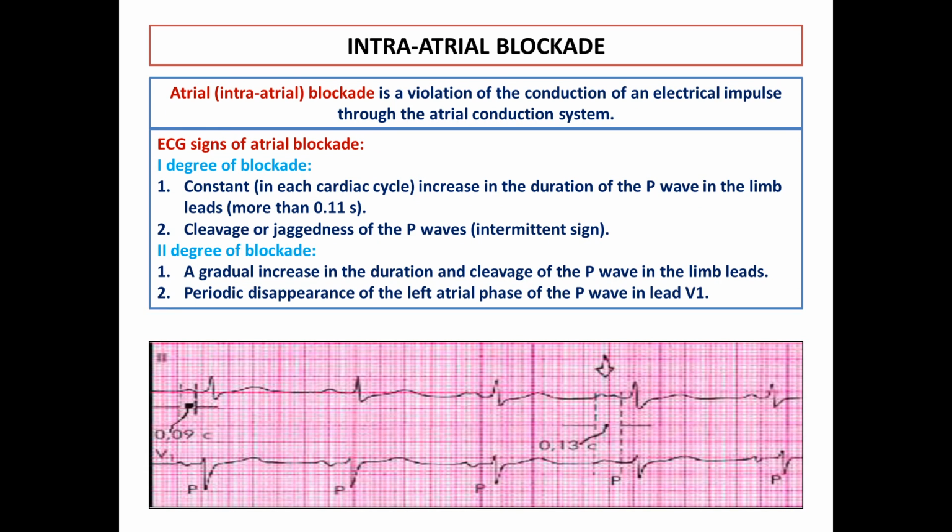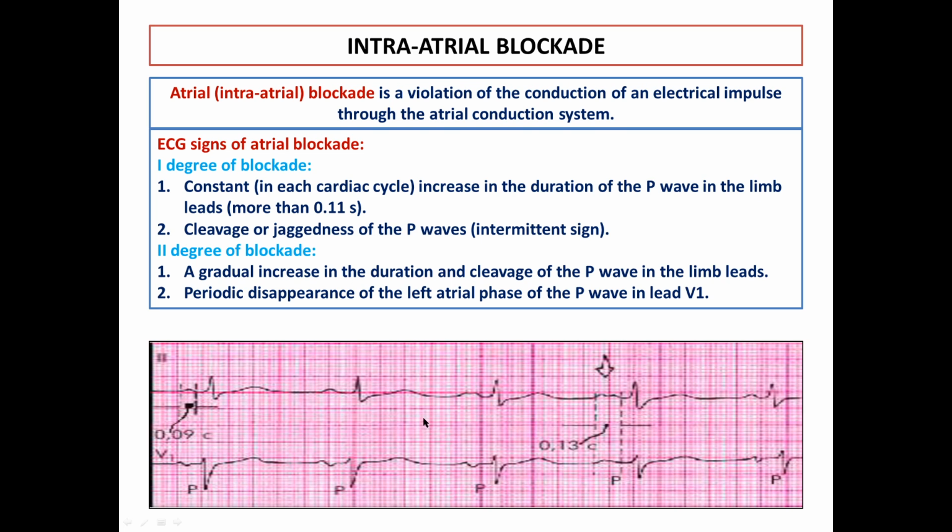Intra-atrial blockages, or atrial blockages, is a violation of the conduction of an electrical impulse through the atrial conduction system, and on ECG we recognize two degrees. First degree, when you see constant and in each cardiac cycle increased duration of P wave in the limb leads, more than 0.11, you see elongation of P, and cleavage or notching of the P wave.